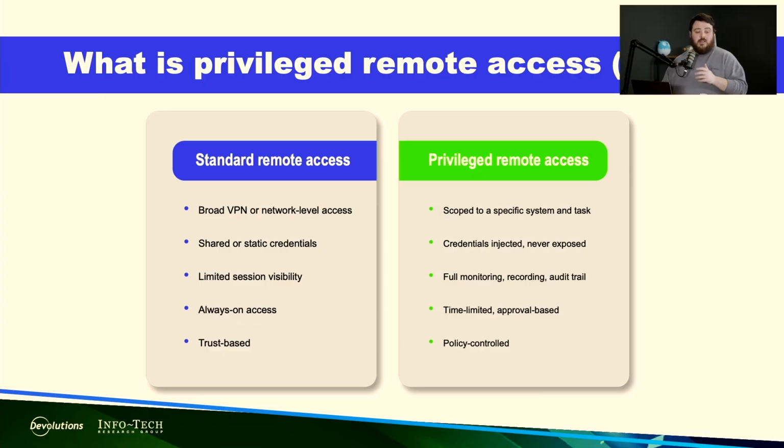VPNs are a downfall in that regard. Making sure that the credentials stay hidden from the people who are using them, and that there's an approval, there's monitoring, and then there is audit that can be done when the privileged remote access is done.